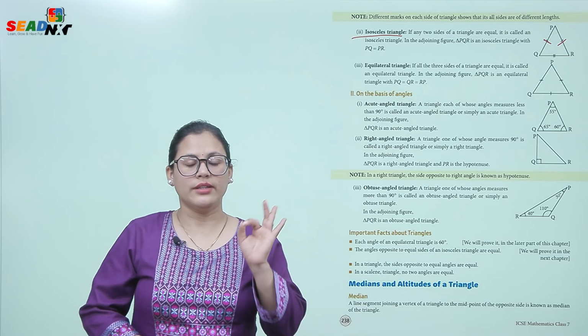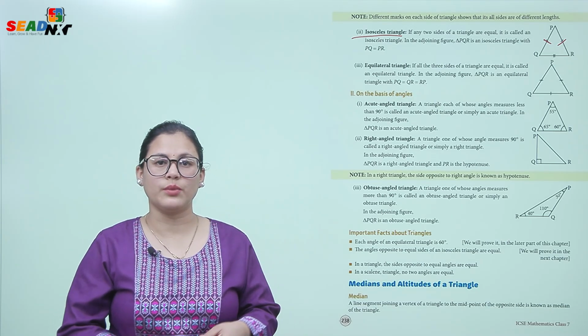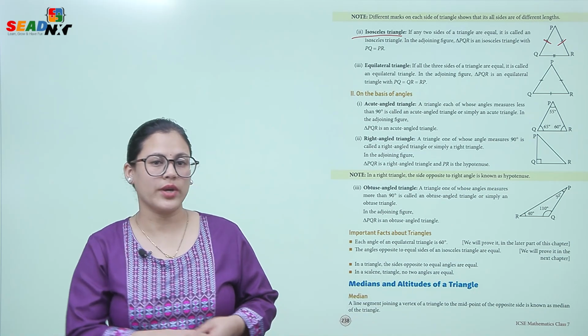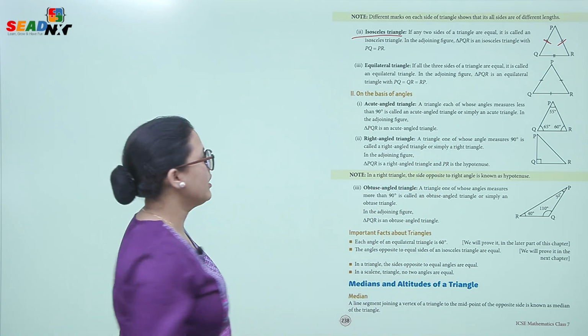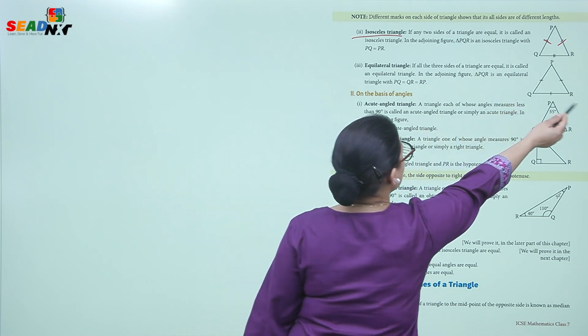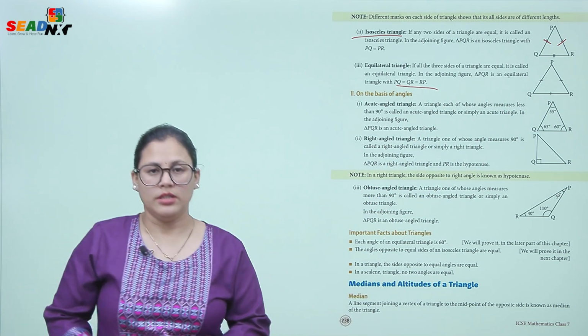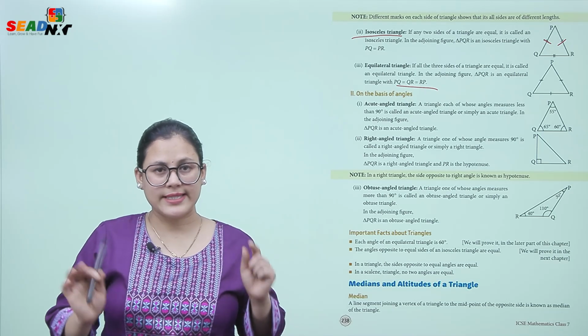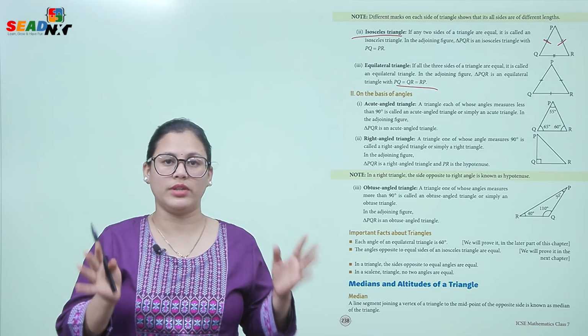If all the three sides of a triangle are equal, it is called an equilateral triangle. In the adjoining figure, PQR is an equilateral triangle with PQ equal to QR equal to RP. So if not even one side of a triangle is equal, it is scalene; if two sides are equal, it is isosceles; and if all three sides are equal, it is equilateral.